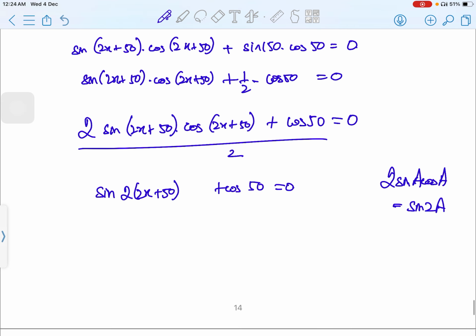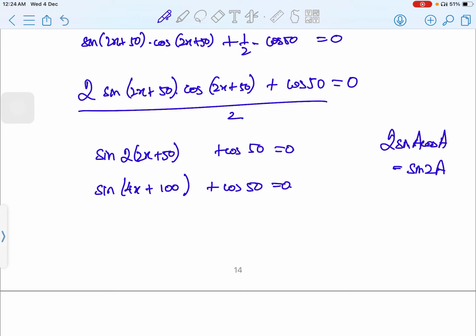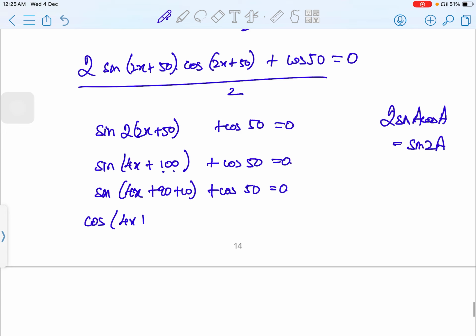So this is sin of 4x plus 100 plus cos 50 equals 0. Now we can write this as sin of 4x plus 10 times 90, plus cos of 50, so this is cos of 4x plus 10, cos of 50.